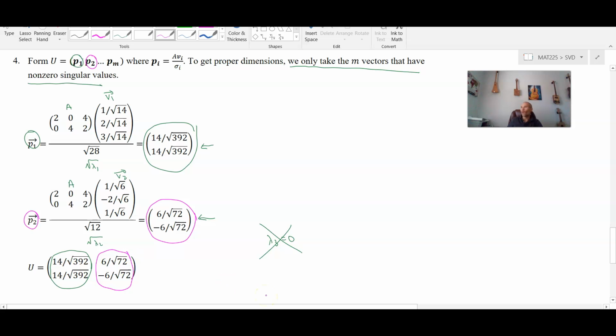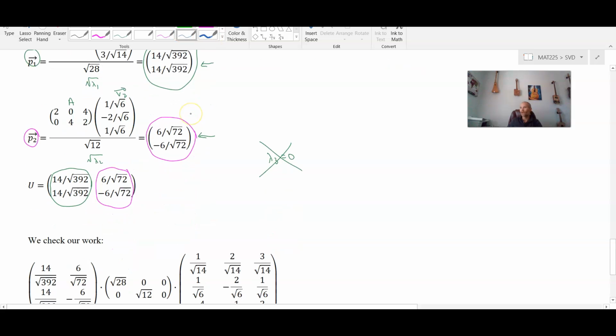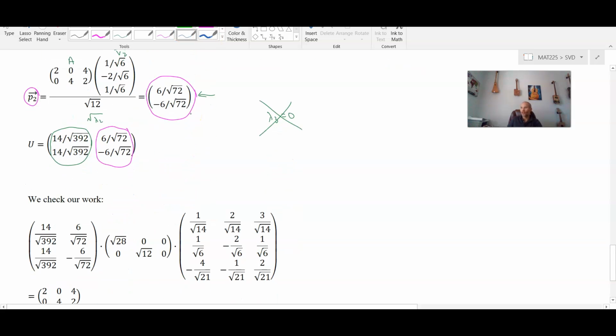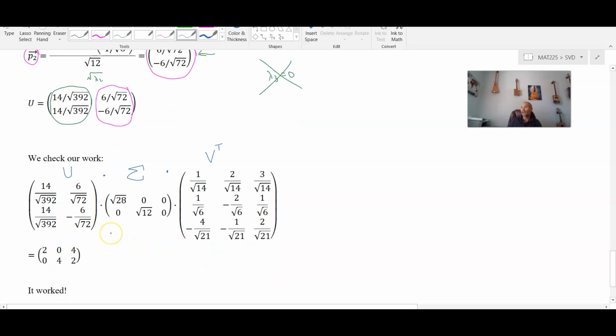So I'm done now. I have formed the three matrices that were required. So now what? Well, let's check our work. Let's make sure that if I take the U matrix, which is this one here, times the sigma matrix, times the transpose of the V matrix, again, these rows are just three eigenvectors of A transpose A, then I multiply these three together, and what should I get?